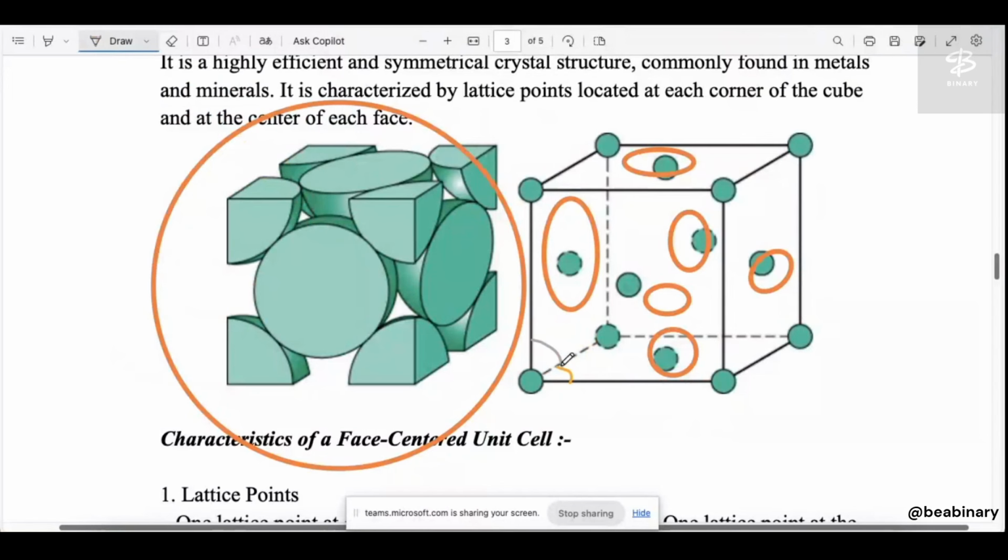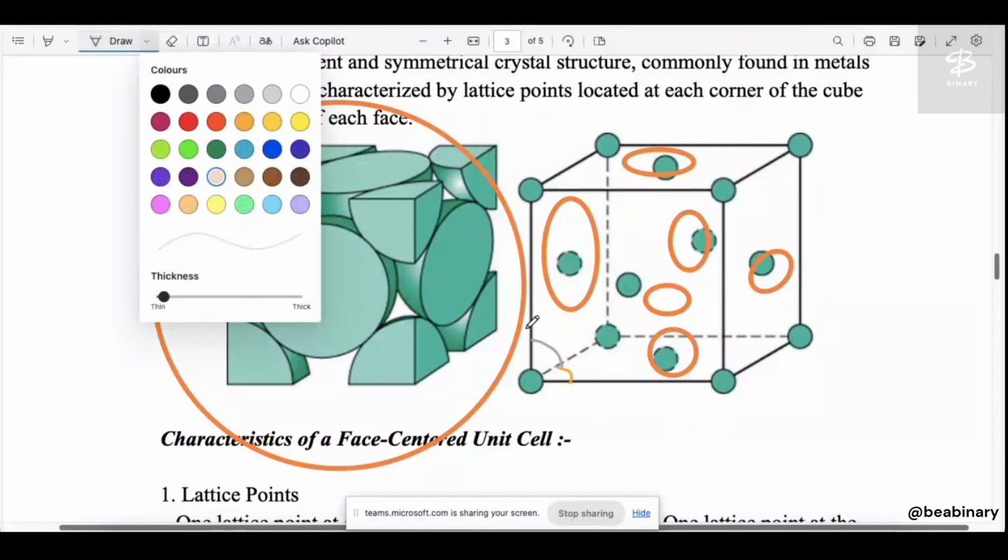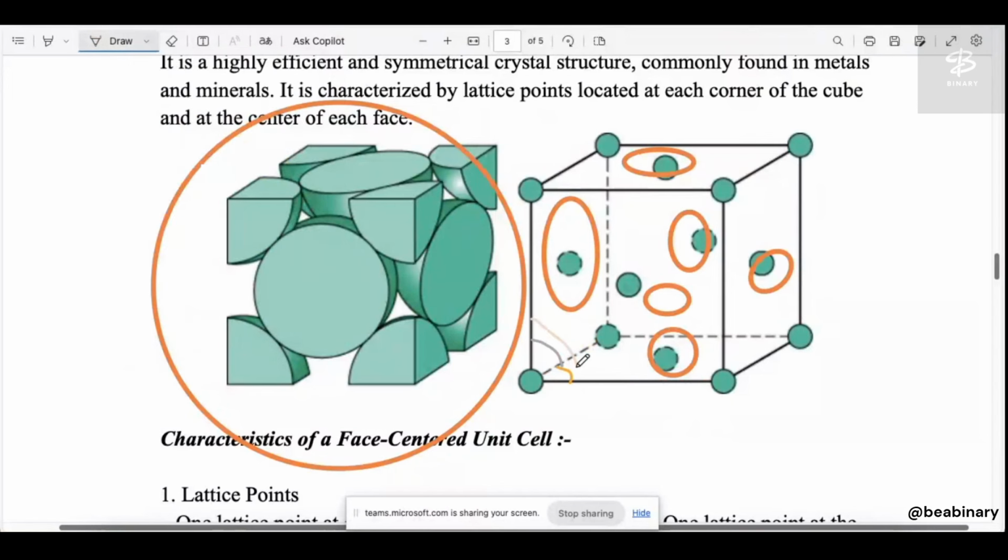This is your beta. This is your gamma. This line makes an angle gamma, this line makes beta, and this line makes alpha.